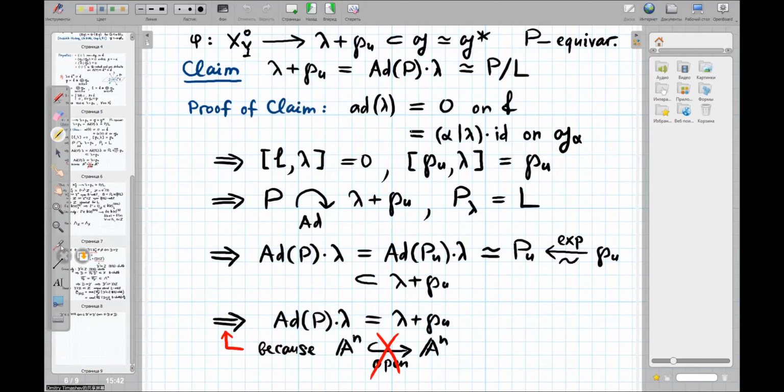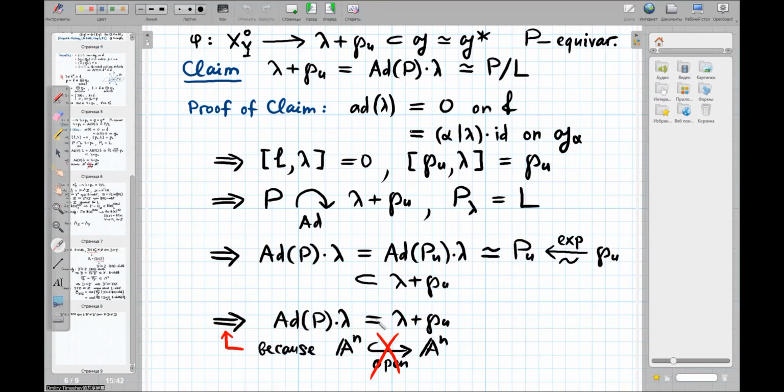Okay. You conclude that the image of lambda is the whole lambda plus pu, right? Yes.